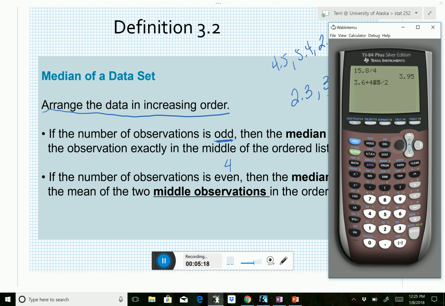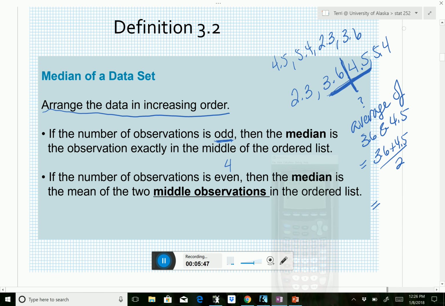So we're going to go back and put this in parentheses. To insert something, you can hit second delete, which allows you to insert. So we insert a parenthesis there, and a close parenthesis there. Now it'll add those numbers first, and it's 4.05.